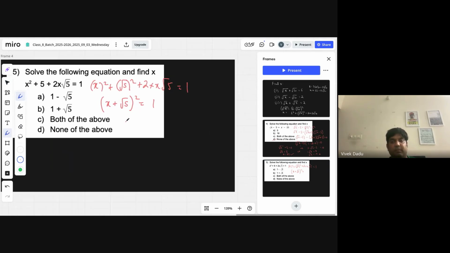Now, how many people did this? x plus root 5 equal to 1, so x equal to 1 minus root 5, and marked option A. How many people did that? That's wrong, by the way. I will tell you how to do it.